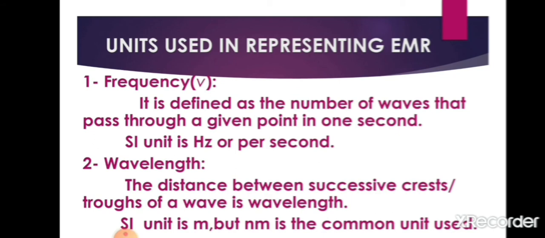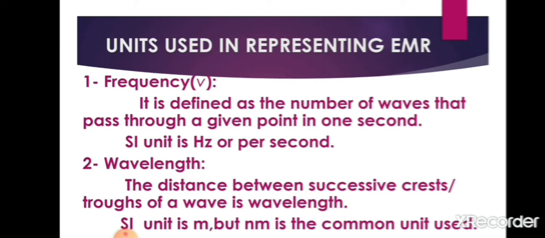Next we will study the units used in representing electromagnetic radiations. First one is frequency. It is represented using nu. It is defined as the number of waves that pass through a given point in 1 second.